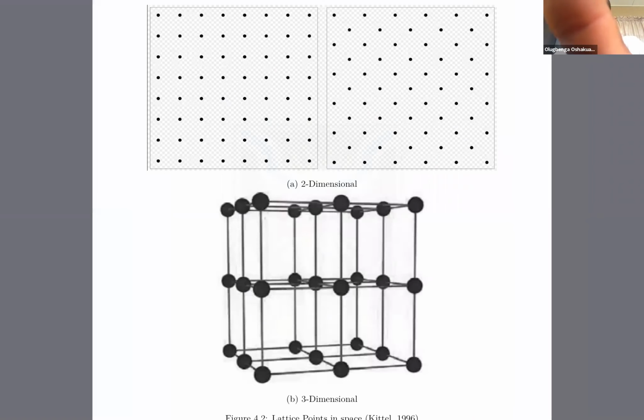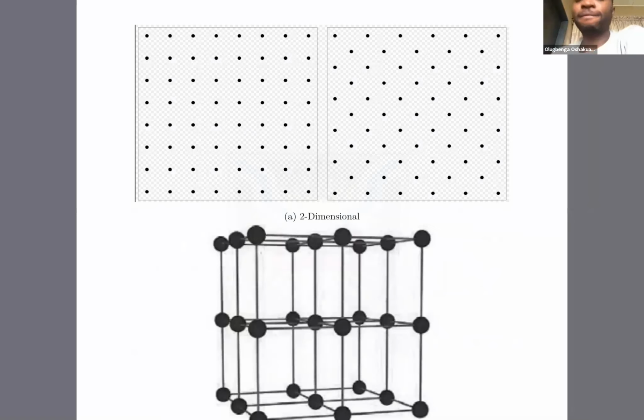So we're talking about lattice. These are lattice points, and this is in 2 dimensions. You can see this resembles square lattices.